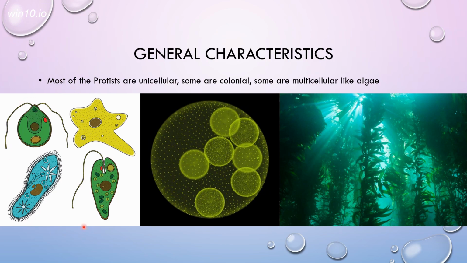So these are the structures of the majority of the unicellular protists, and Volvox is an example of a colonial protist. And multicellular algae can be very big, extending up to many meters. So from here itself you can identify that they exist in different sizes, ranging from microscopic to several meters in length.